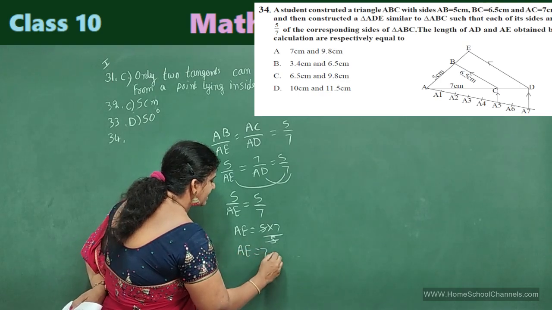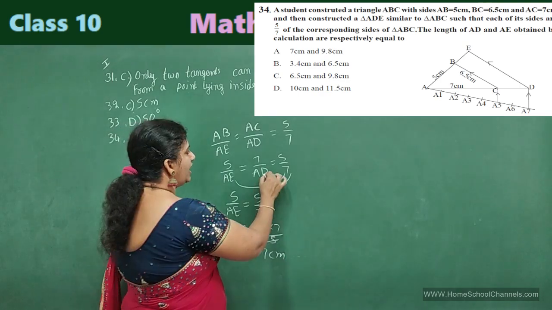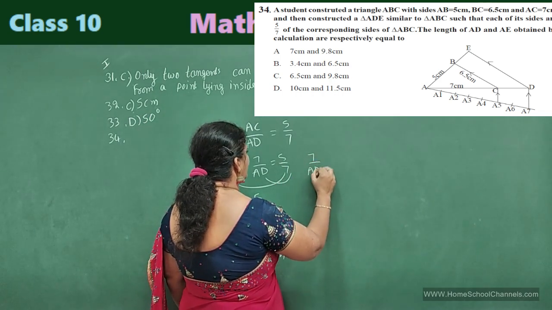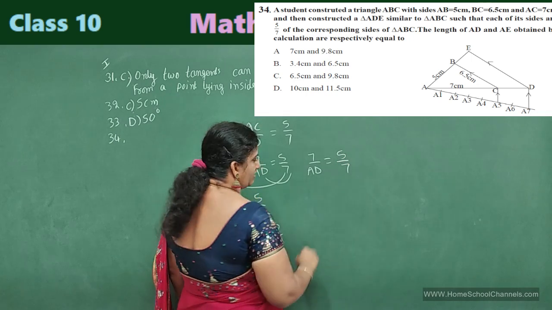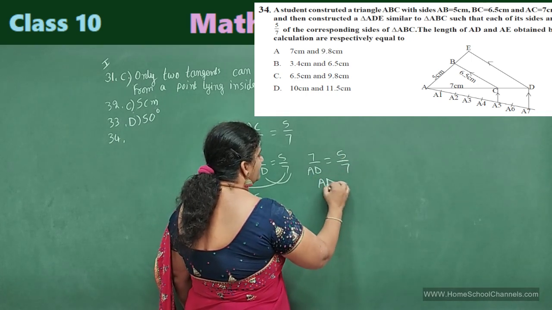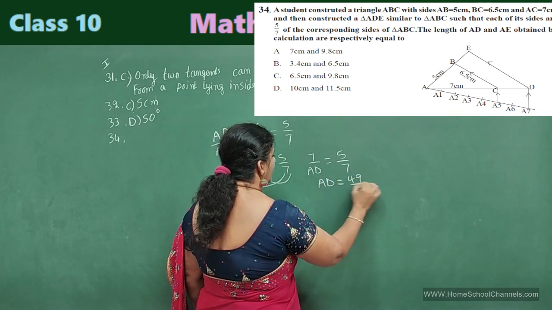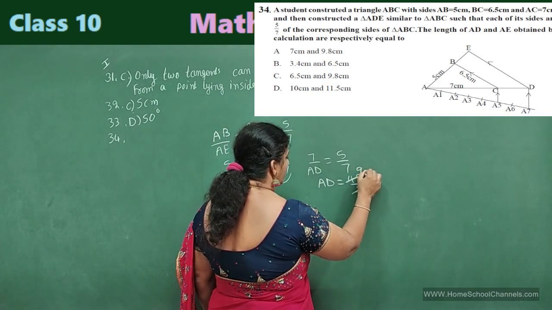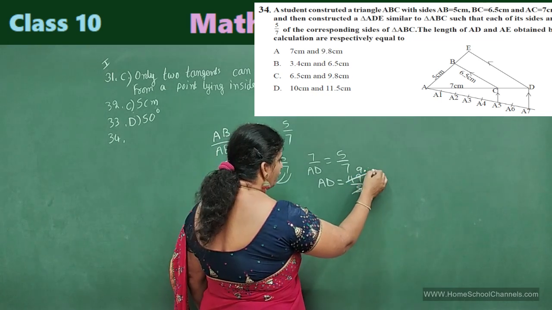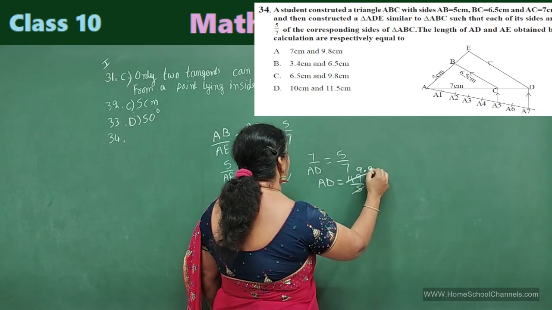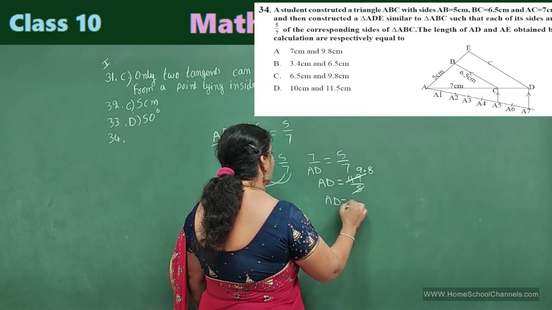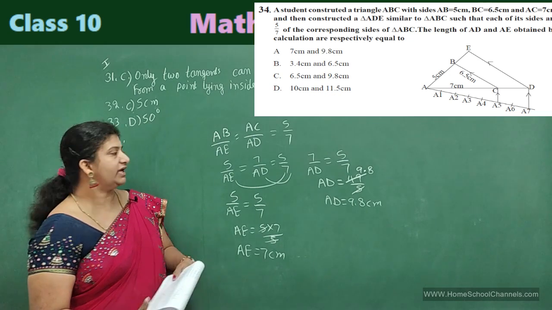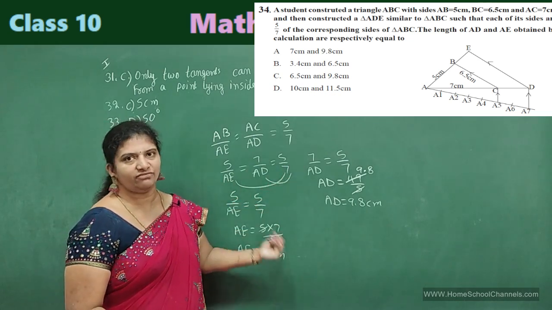AE is equal to 7 centimeters. Now equate these two ratios. 7 by AD is equal to 5 by 7. Send this AD other side. 7 sevens are 49 by 5. 5 nines are 45, 4 left, 40. That is 5 eights are 40. Therefore, AD is equal to 9.8 centimeters. When the ratios are in proportion, we can equate to the given ratio and find the value.